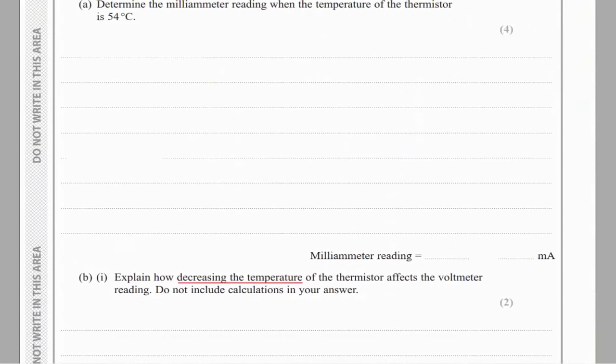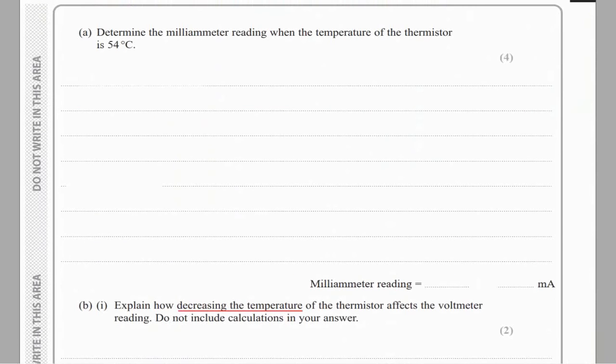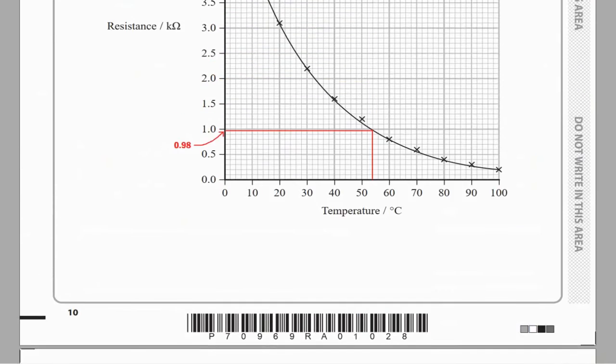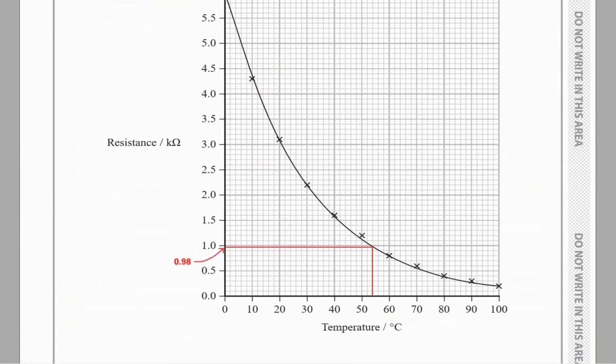The question says, determine the milliampere reading when the temperature of the thermistor is 54 degrees Celsius. So you just go to the graph and see the corresponding value for 54 degrees Celsius. The value is around 0.98, and please check it is in kilo ohm.